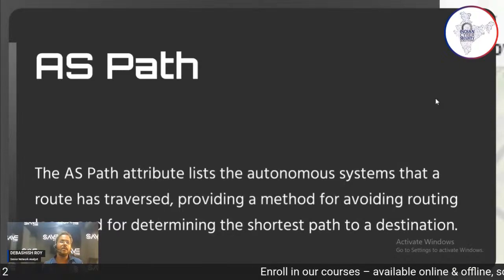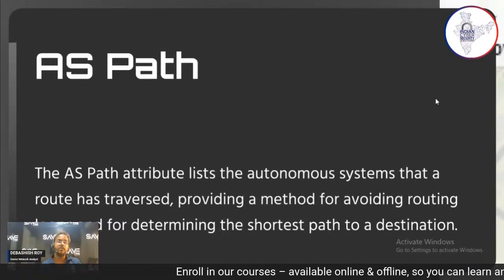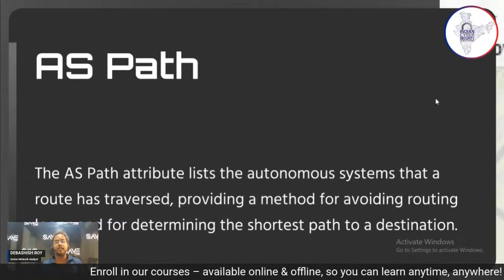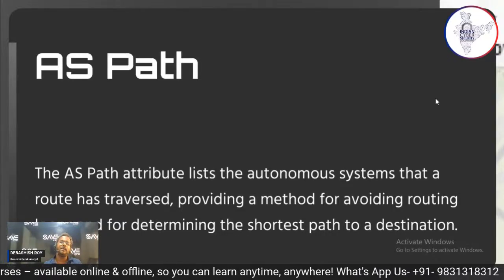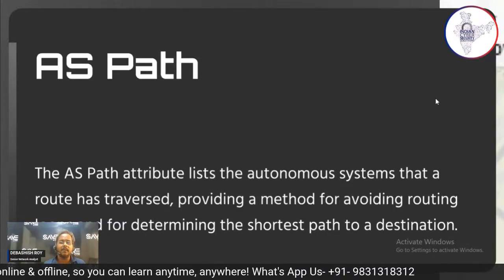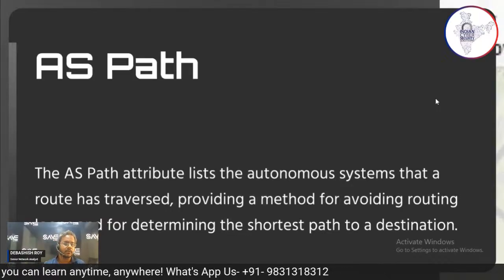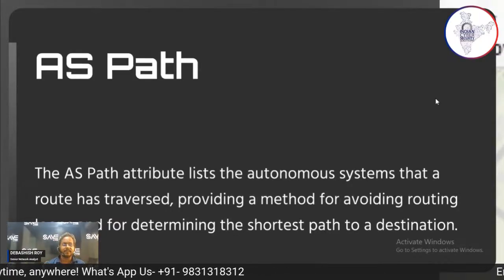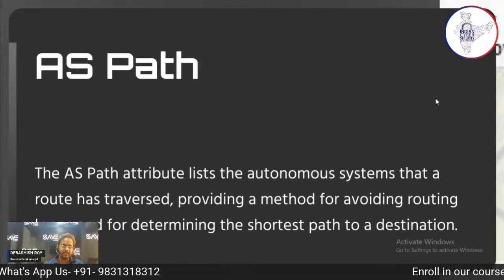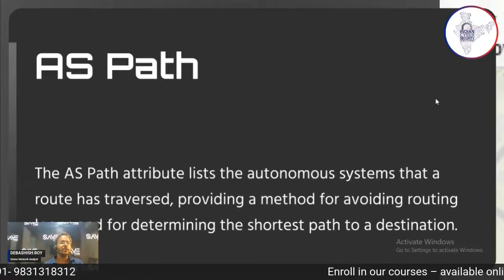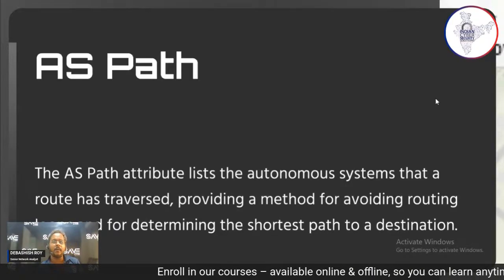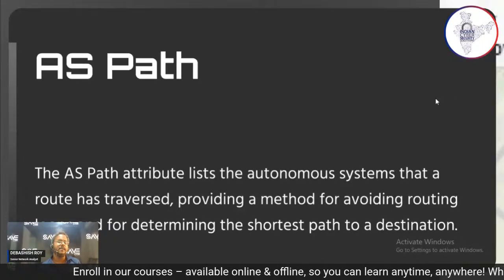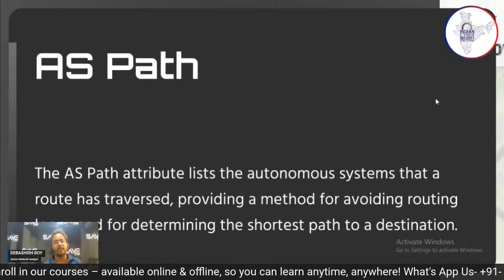And if you want to do some traffic engineering, say route manipulation, then you have to increase the AS path. The AS path attribute will aid in route selection. If you have longer AS paths, BGP will not send any data to that path. So if you increment the AS path attribute that way, BGP is not going to consider that path.